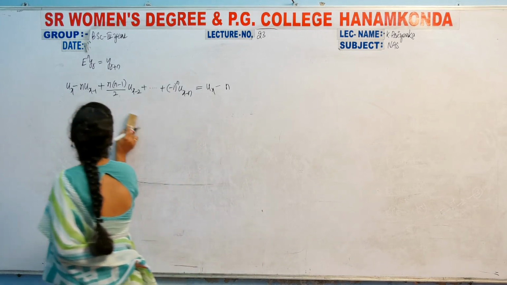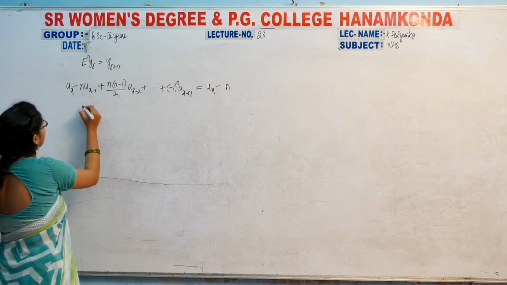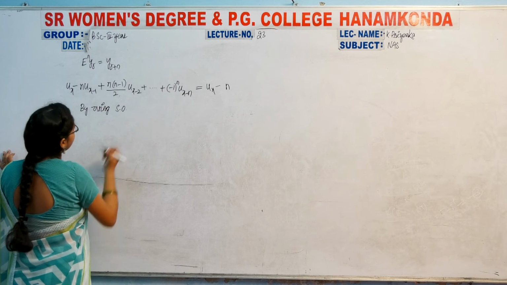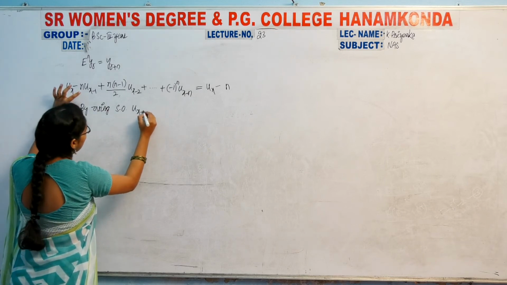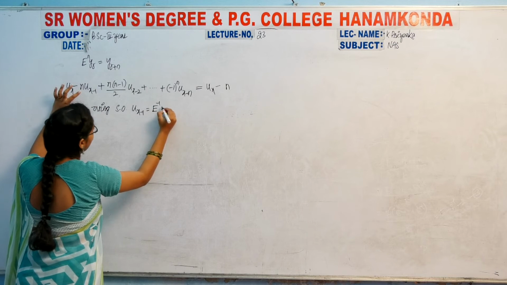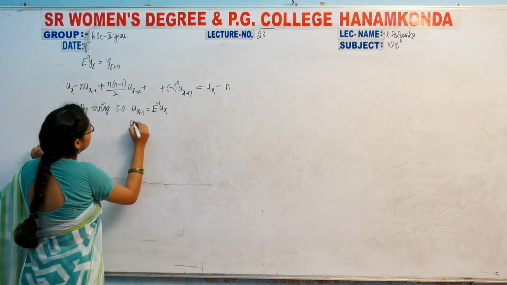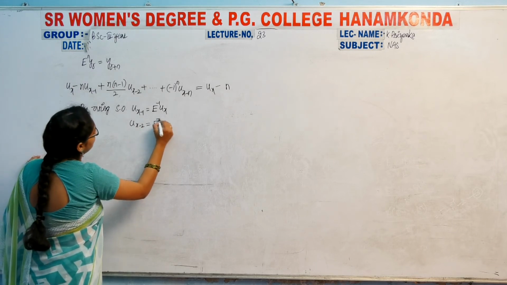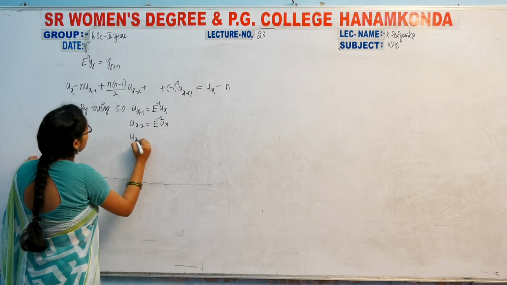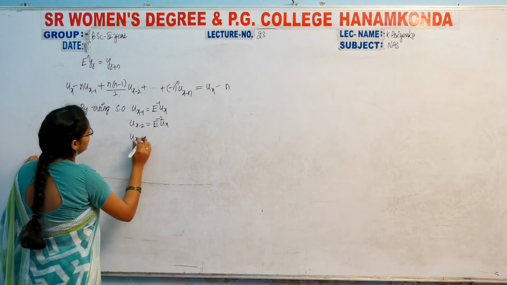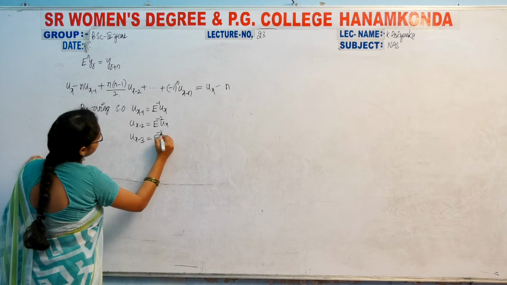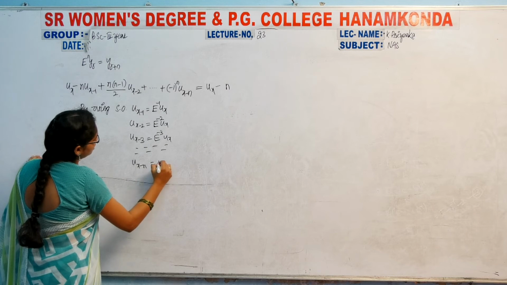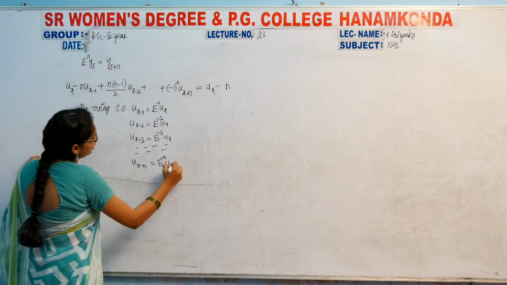Otherwise, here I am writing by using the shift operator: u x minus 1 is equal to e power minus 1 u x, u x minus 2 is equal to e power minus 2 u x, we don't have 3 now, so directly u x minus 3 is equal to e power minus 3 u x, and so on, u x minus n is equal to e power minus n into u x.